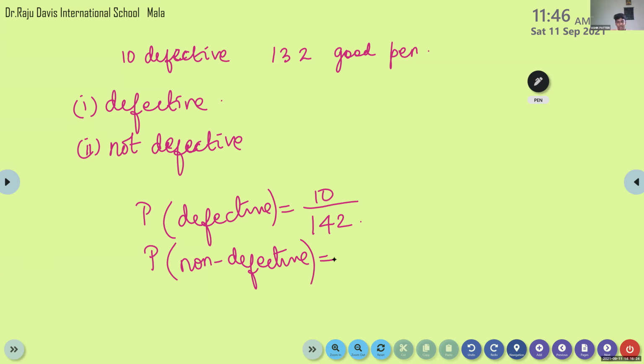Total is 142. Non-defective means good pens. There are 132 good pens. So the answer is 132 by 142.